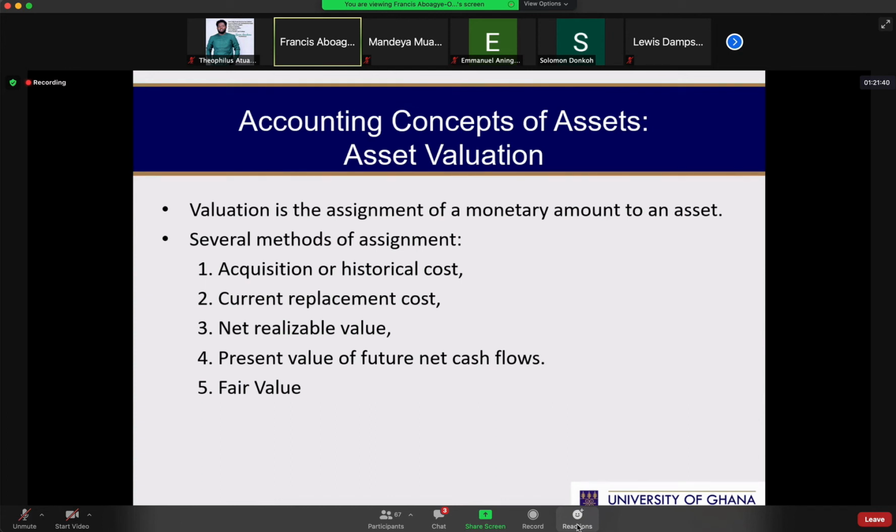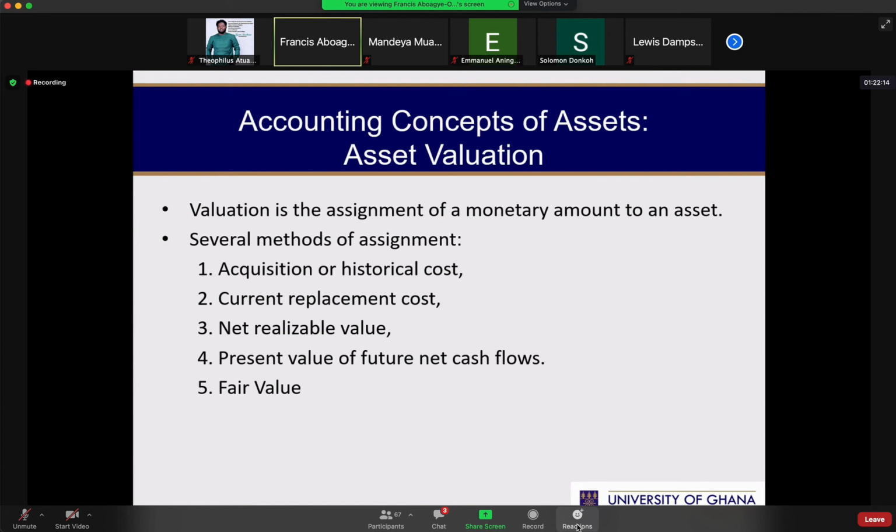So if we can sell it at 5 cedis 60 pesos and incur a cost of 50 pesos, then the net realizable value is 5 cedis 10 pesos. The 5 cedis 60 pesos represents the realizable value and the expense is 50 pesos. If you subtract the expense from the realizable value, that gives us 5 cedis 10 pesos. That is the net realizable value per unit.